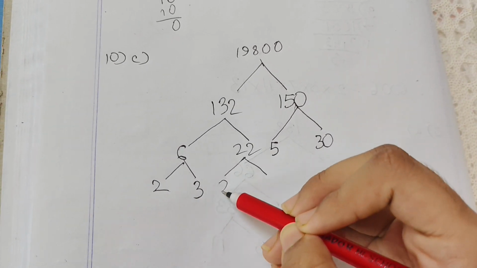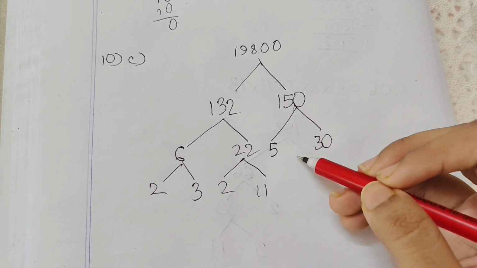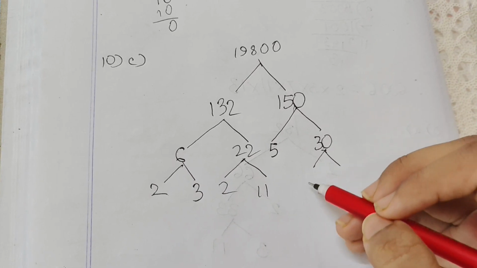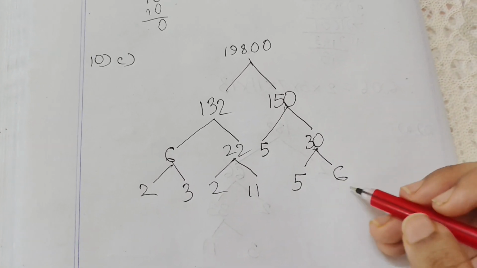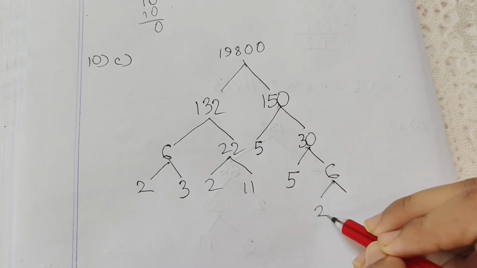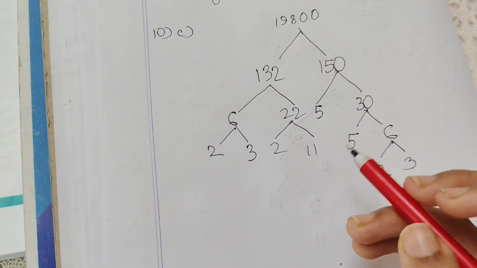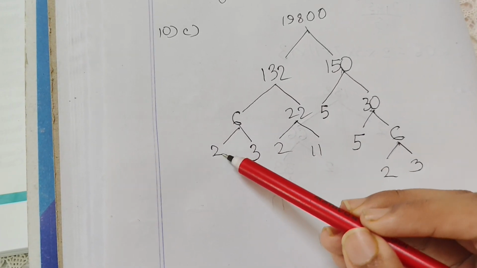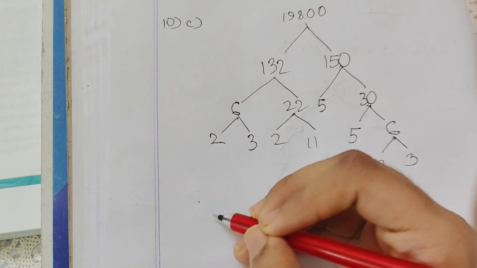Also 22 gives us 2 and 11. 5 is already a prime factor. 30 can be divided by 5 and 6. Then 2 and 3. It would be better if I'd use 2, like from small prime numbers to large prime numbers, but whatever.